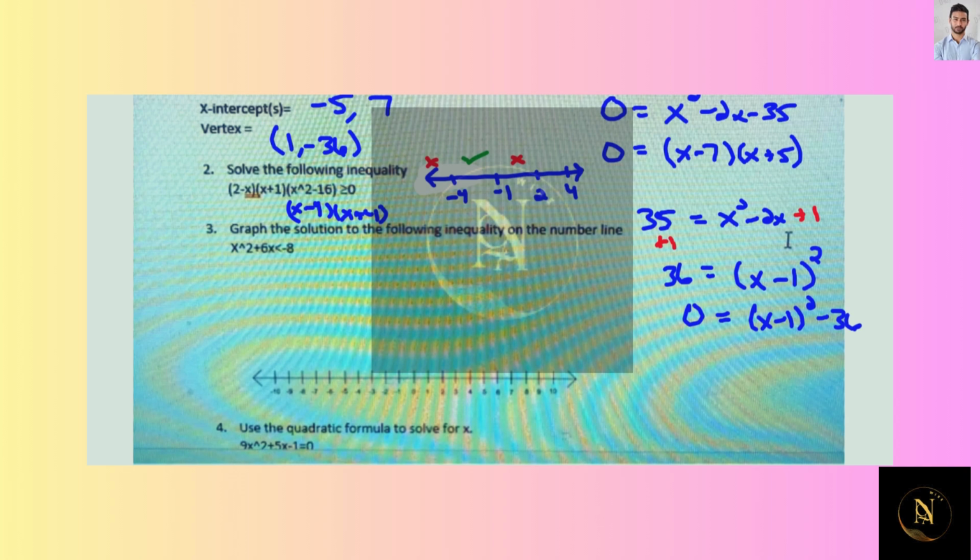And then we have two more regions to test. Between 2 and 4, I'm going to pick 3. 2 minus 3 is negative 1, times 2 plus 1 is 3, times 4 squared minus 16, which is a negative 12. We are positive here.